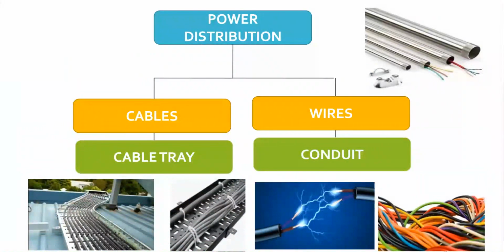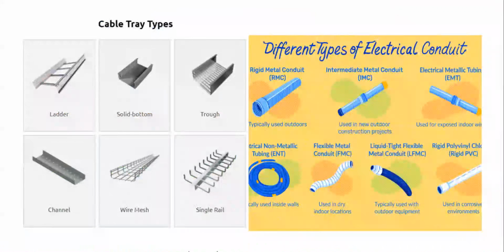So with the help of this power distribution, these are the elements we use: cables, cable trays, wires, conduits. You can see the different types of cable trays, which are also available in your Revit software.